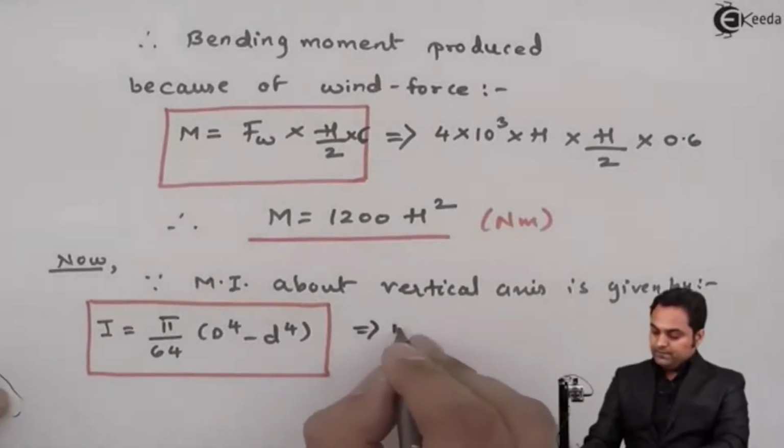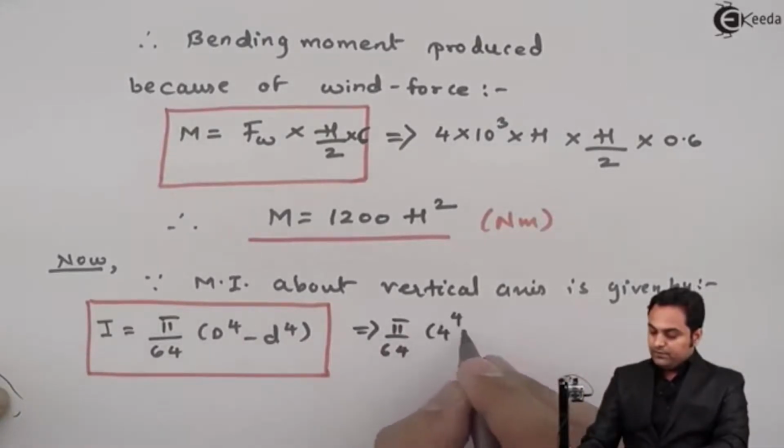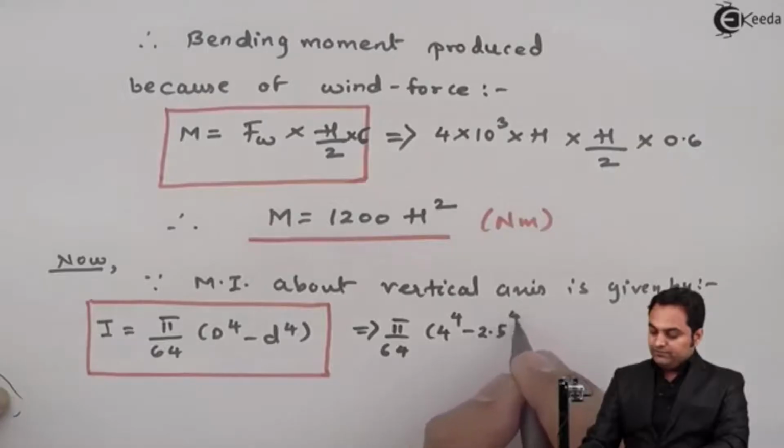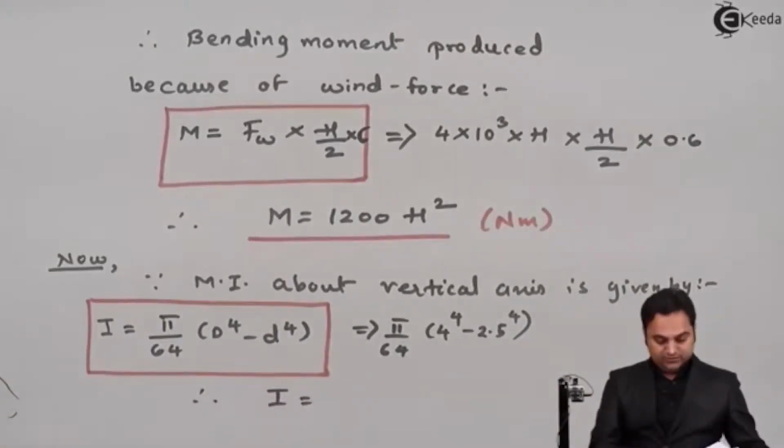So pi by 64, capital diameter is 4, inner diameter is 2.5, so here I get the value of I as 10.65 meter raised to 4.